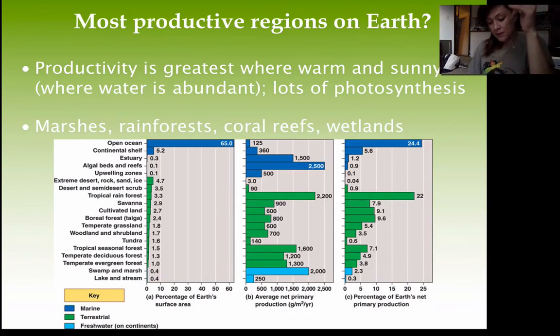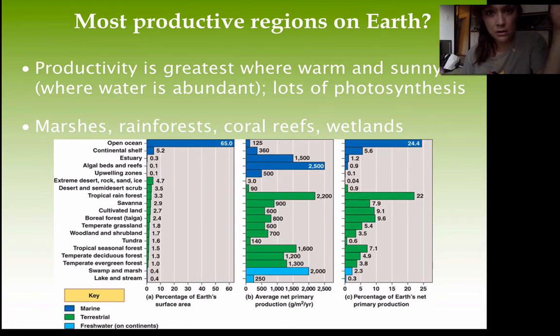And this is important because now you get to look at different parts of the world and figure out why some places are more productive than others. Productivity is always going to be the greatest where it's warm, because most organisms like warm places. There are some organisms that are adapted to cold places or super dry places, for instance, but those are unusual.